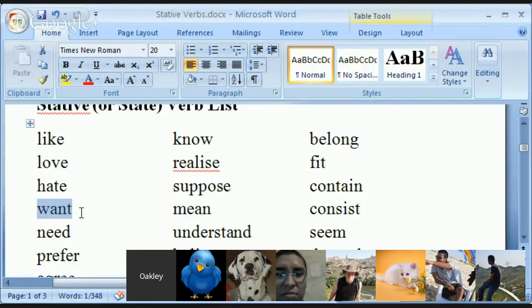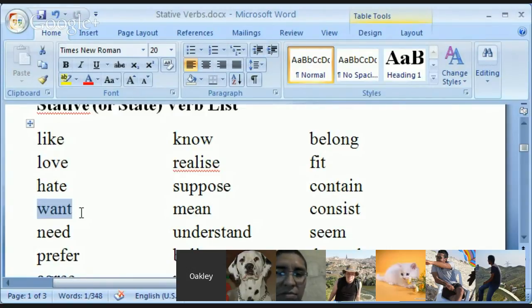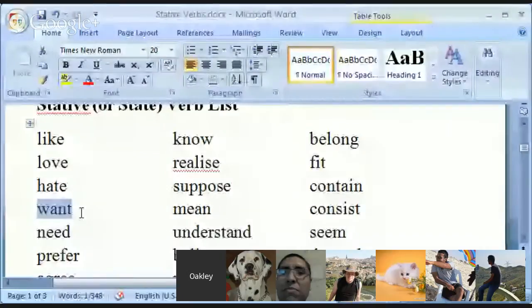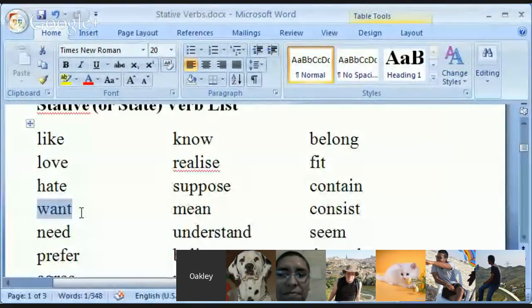I think otherwise, I can't say I am wanting an ice cream, for example. That doesn't make sense. I think under very specific circumstances it can be used in a continuous way. For example, he was filled with wanting.